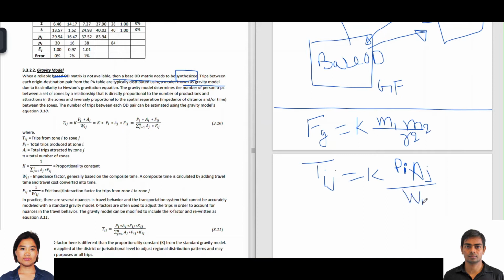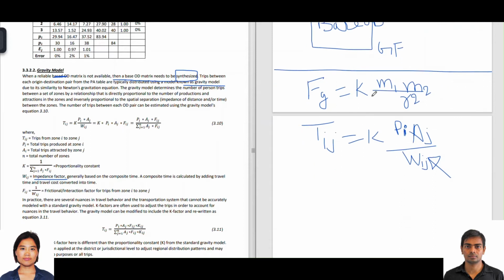So we have an entire function here, and this is called the impedance factor, which is usually either a factor or a function. Because of the similarity to Newton's model, it is called the gravity model. In most TDM models, the gravity model is used instead of the growth factor method. The gravity model simplifies things in TDM models and is used in most of the 4-step travel demand models.